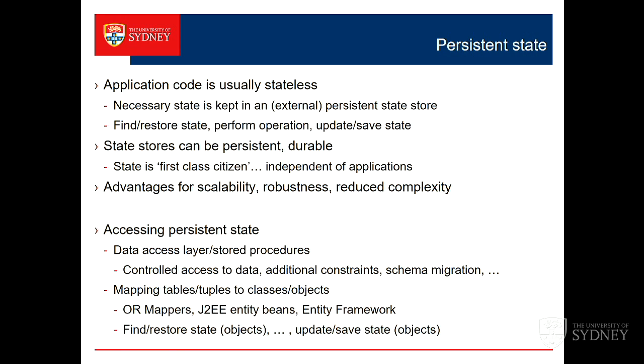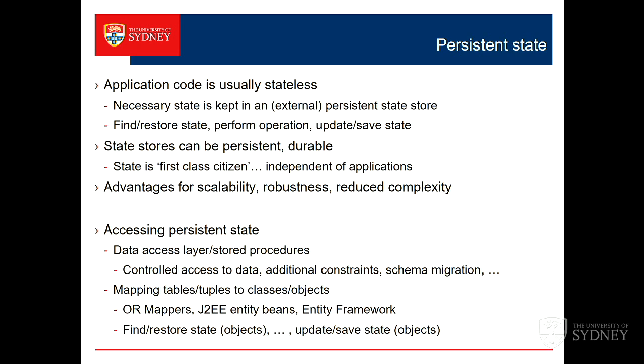Persistent state: the application code is normally stateless, and I have a persistent state store. Good state stores can be persistent, meaning I put stuff in, it keeps it for me, and durable, meaning that it keeps it there despite catastrophes, despite application failures, system failures, etc. A good state store will have mechanisms so that once it's said, yes, I have that, it will have it, despite disasters.